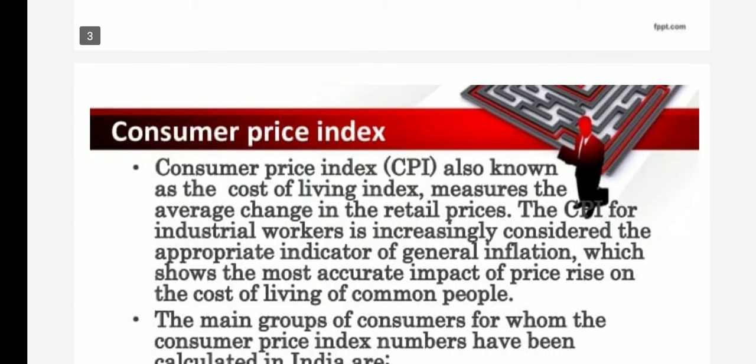Now the next section is the consumer price index number. What is meant by consumer price index number or cost of living index number? It measures the average change in the retail prices. Consumer price indexes or cost of living index numbers are intended to represent the average change over time in the prices paid by the ultimate consumer of a specified basket of goods and services.